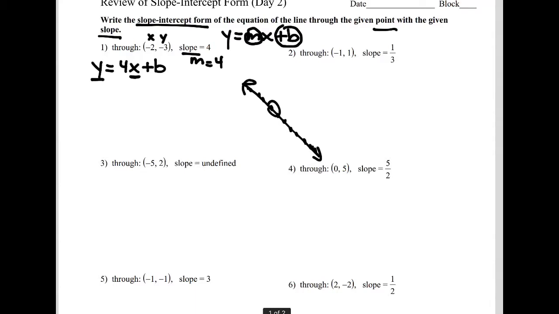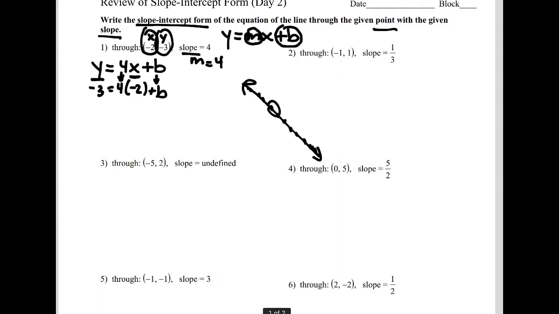Therefore, we can use the x in place of the x, and the y in place of the y, and I'm going to bring down that 4, and the plus b, and we can go ahead and solve for b. We can get b by itself, and then we'll know what b equals.